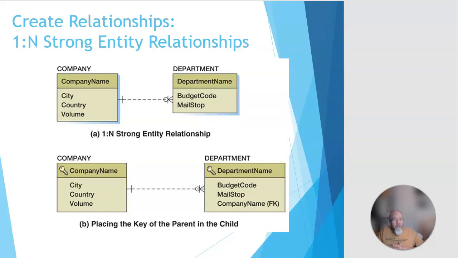So, strong entity relationships. Remember, in the case of the strong relationship, the one table can exist without the other table. The tables don't need to rely on each other.